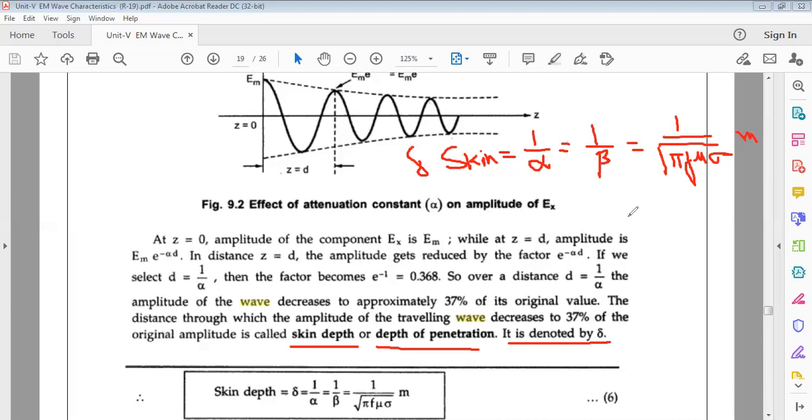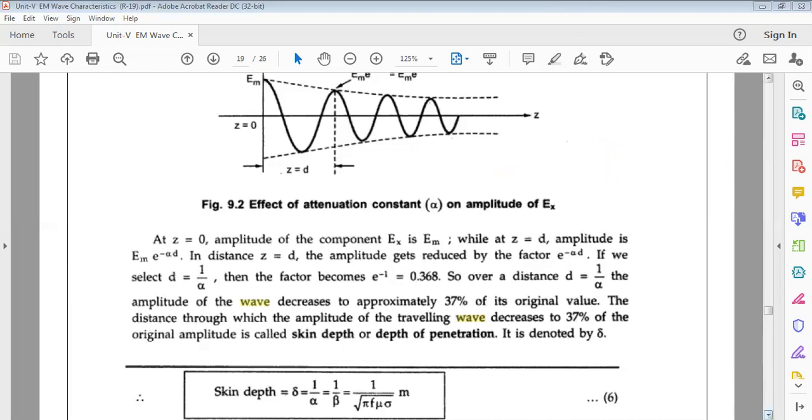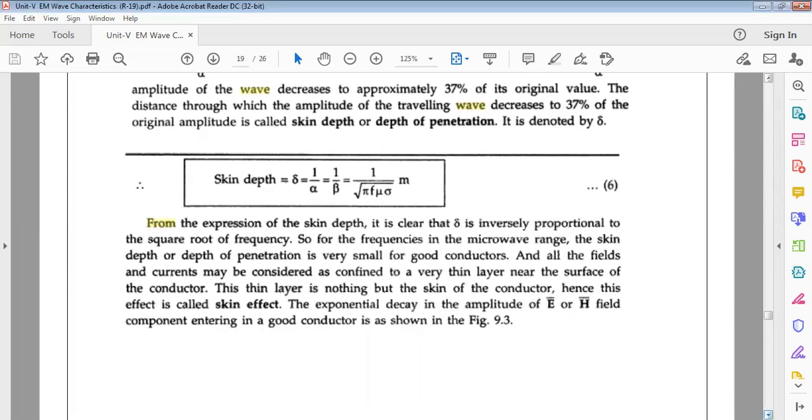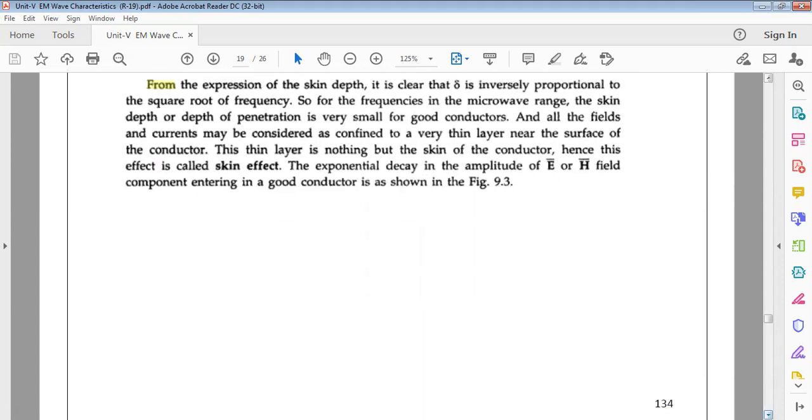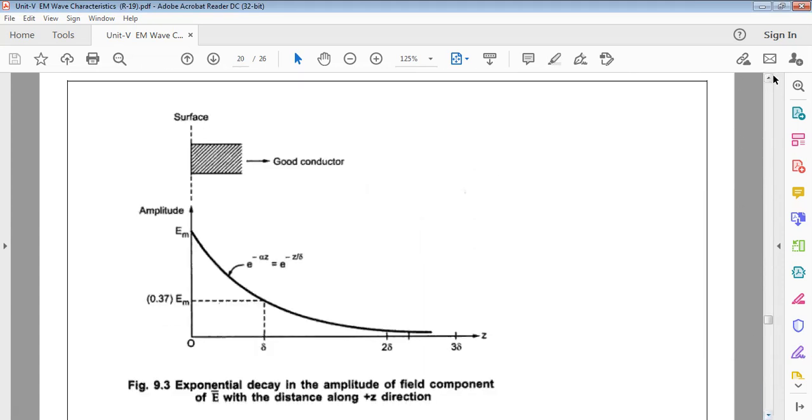Skin depth means depth of penetration. Delta is equal to 1 by alpha, equal to 1 by beta, equal to 1 by the square root of pi f mu sigma, in terms of meters. And the relation between skin depth and the intrinsic impedance we will also discuss.